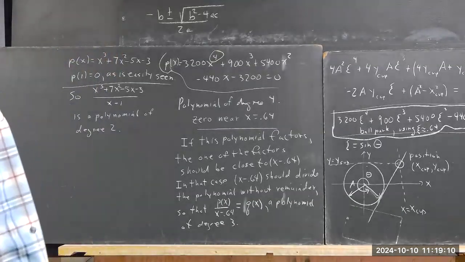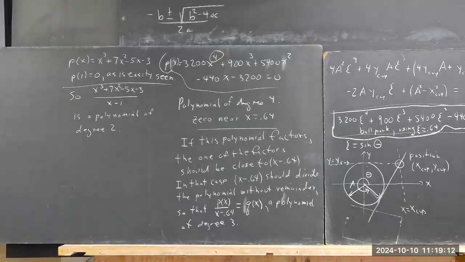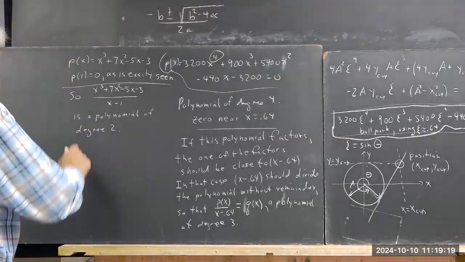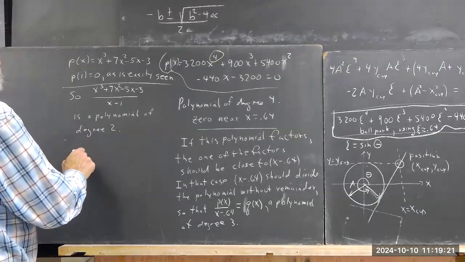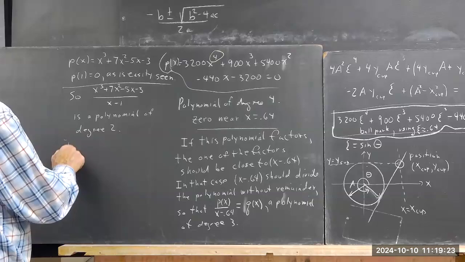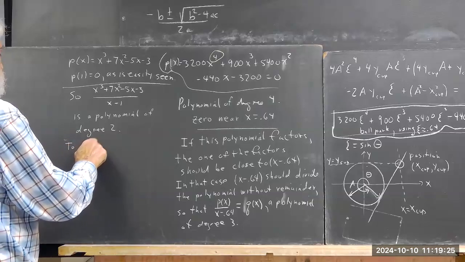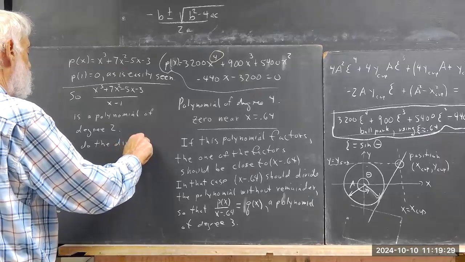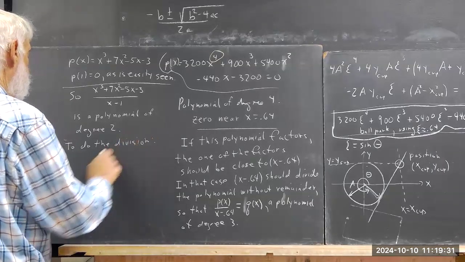So there's an algorithm for dividing polynomials. And I'm going to rely on open math to clarify the algorithm for you, but I'll demonstrate it a couple of times. How do you do that division?